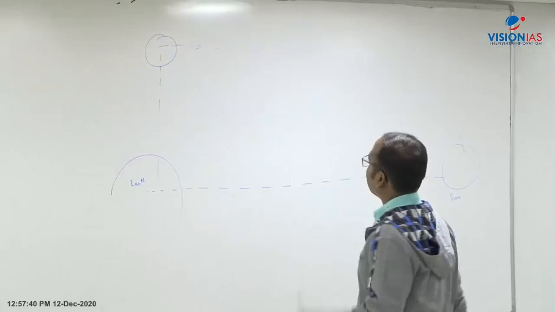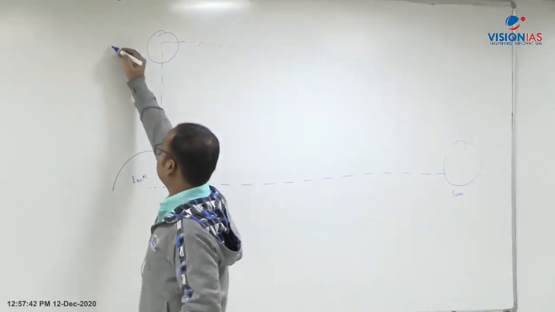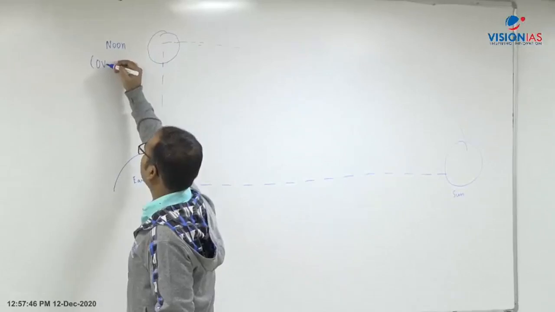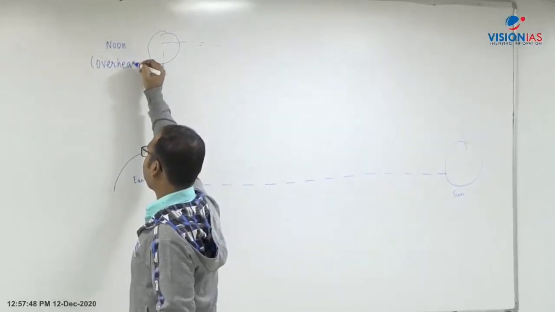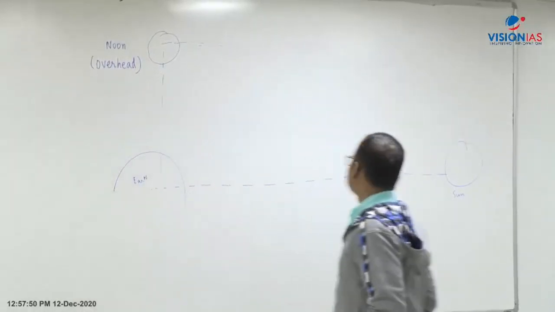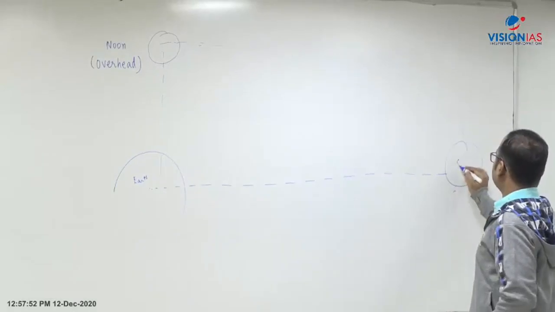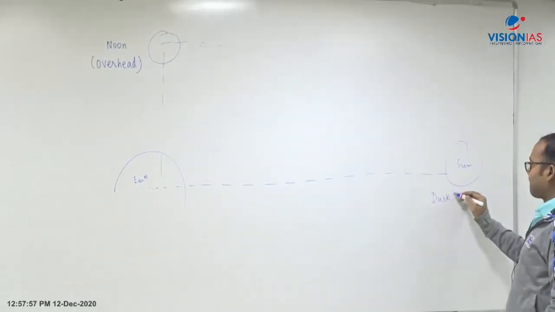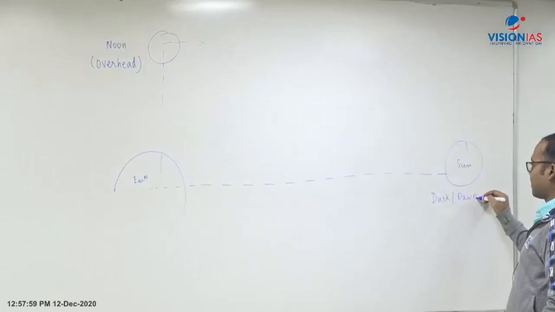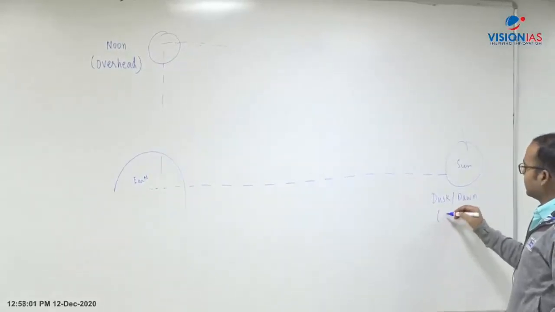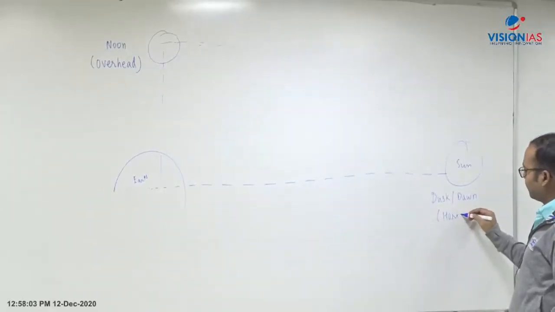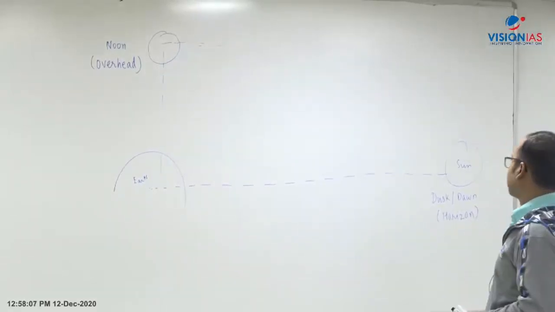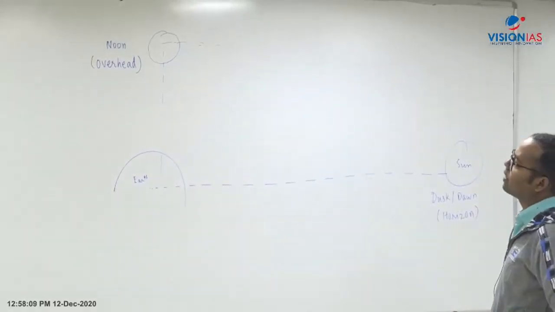So this is suppose the situation of noon. At noon the sun will be overhead, right? And suppose it is dusk or dawn, morning or evening, the sun will be at the horizon.